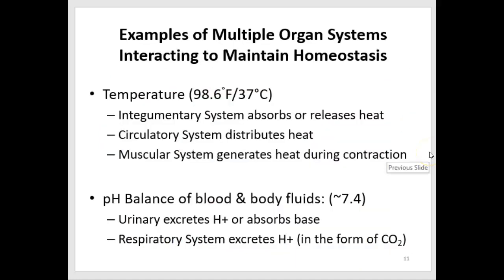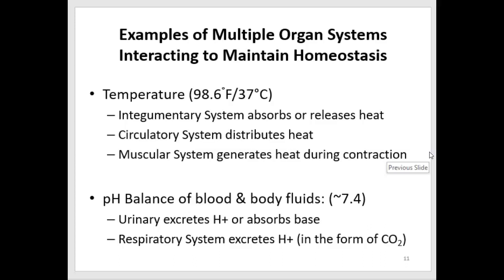So there are examples of multiple organ systems interacting to maintain homeostasis. For example, with temperature, we see that the integumentary system, the circulatory system, and the muscular system all work together to maintain our body temperature. Another example is that our body fluids and blood in particular need to be maintained at a certain pH. That's approximately 7.4.